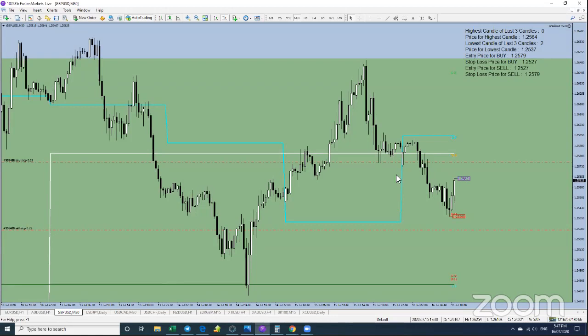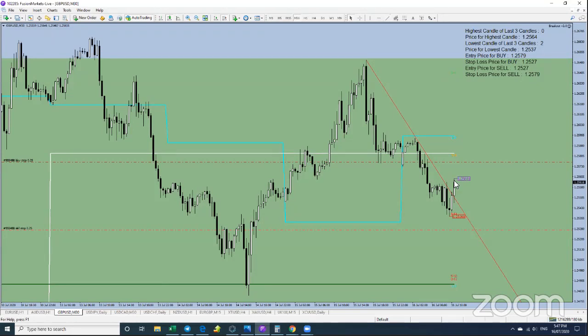Righto, on M30, what do I see? I see nothing except break, retest, now gone of that trade. Let's put some trade lines in and see if we can come up with something. That's a bit steep for me, I've got to say. So I don't think I'd like to use it.